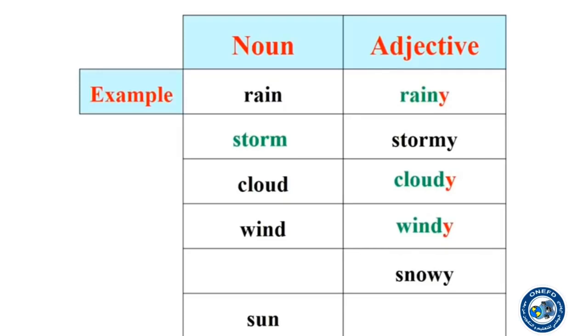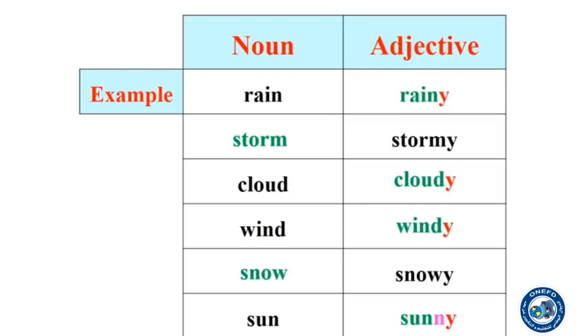Snowy. Now I change into the noun. So the noun is snow. Sun. Sun is a noun. The adjective is sunny. There is an exception, dear pupils.